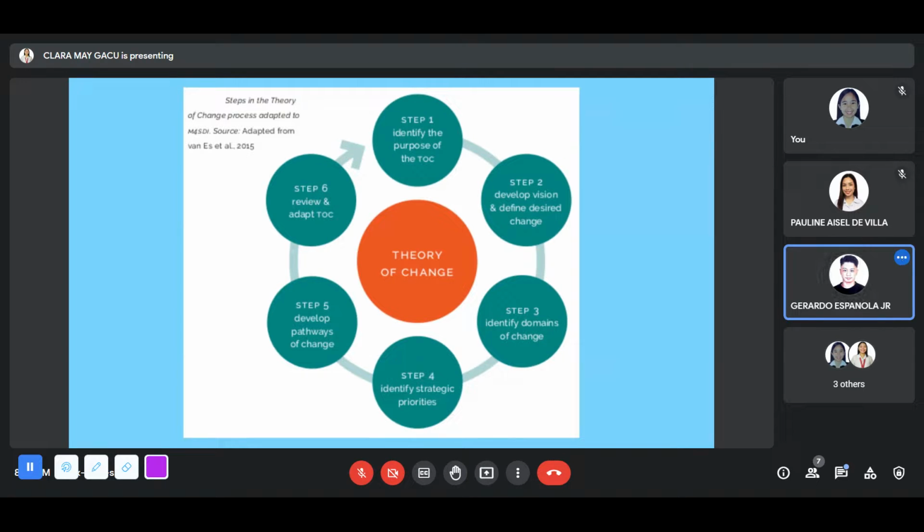Second is develop vision and identify and define desired changes. Third is identify your domains of change. Fourth is identify strategic priorities. Step 5 is develop pathway of change. Step 6 is review to adopt TOC.